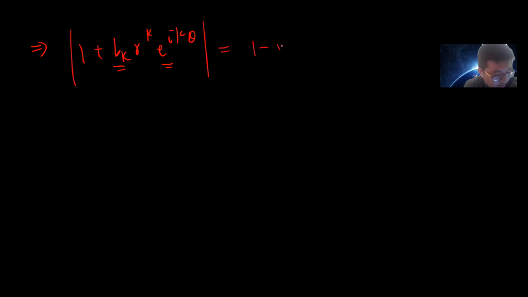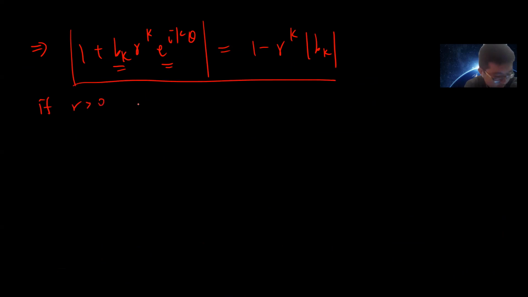Now 1 plus b_k r^k exponential i k theta. Remember this factor is negative b_k, so if you take absolute value, this is just 1 minus r^k |b_k|. This is valid if r is greater than 0 and r^k |b_k| is less than 1, since taking absolute value makes this positive.